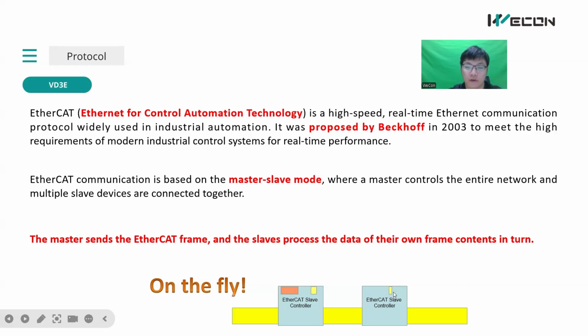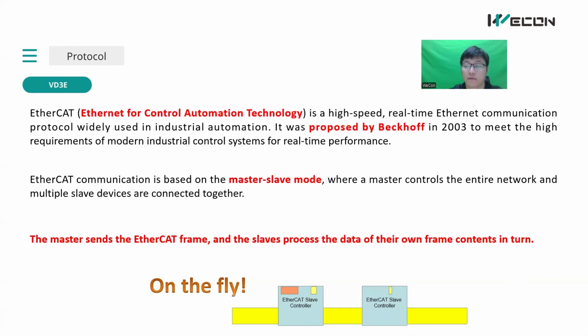And for the next slave, for example, if there is some content in the frame that wants to read a parameter from slave 1, slave 1 will also operate on it. So you can see one frame sent from the EtherCAT master goes through every slave, and finally goes back to the master.